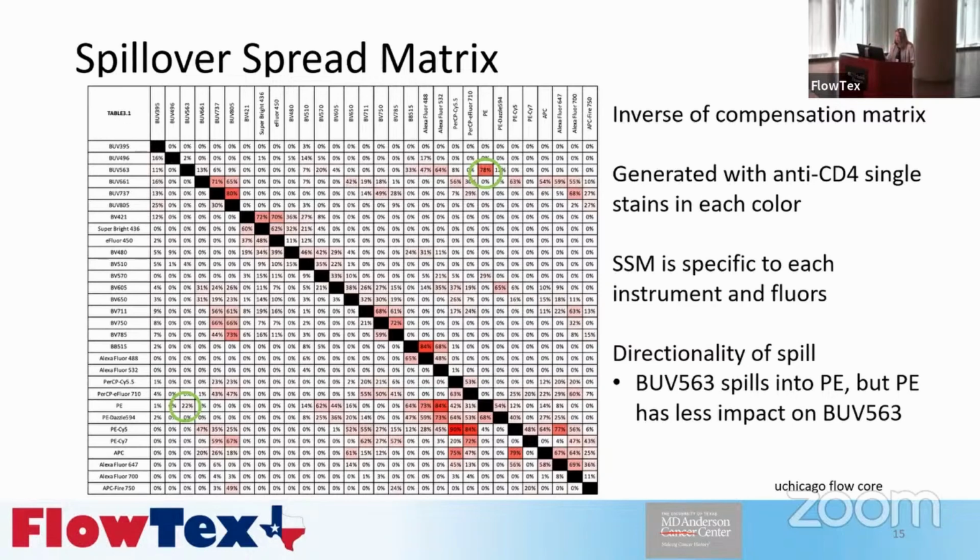And that is directional. So PE does not really come into BUV563, but the reverse is not the case. So when I design a panel, I'm going to want to know that because it's going to tell me how much that BUV563 is going to impact the PE. And I'm going to know that the PE is not going to have very much impact on the BUV563.